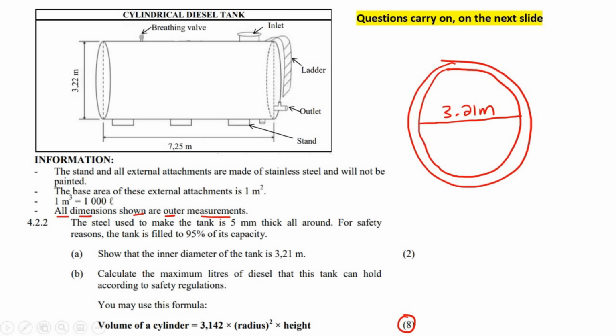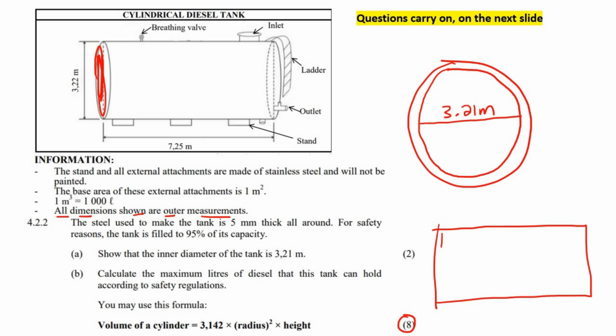So that's the first thing I need you to keep in mind. The second thing is that this distance here is from the outside of the tank to the outside of the tank. But once again, if I had to show you this tank standing upright from the side, or even if I just draw it like this on the side, this part over here, the wall, also has a certain thickness, okay?